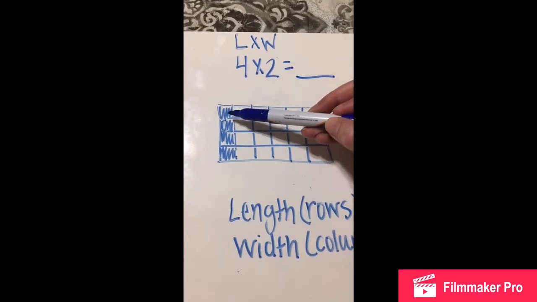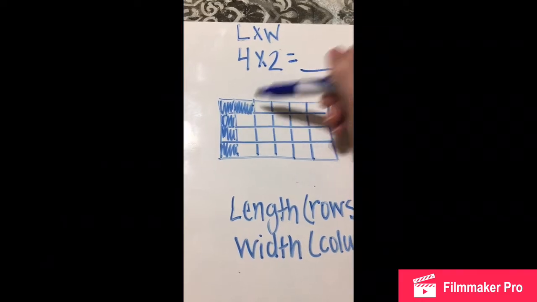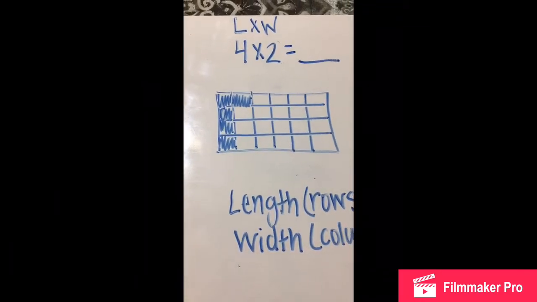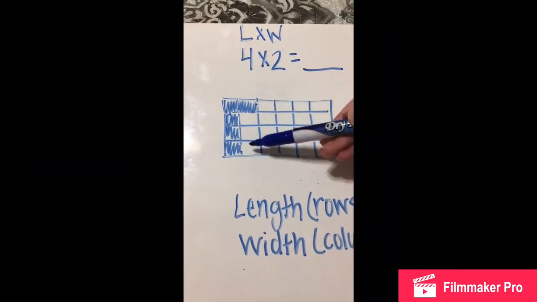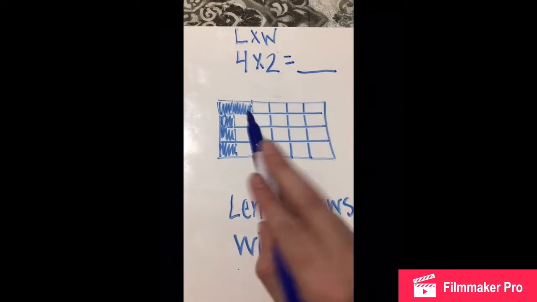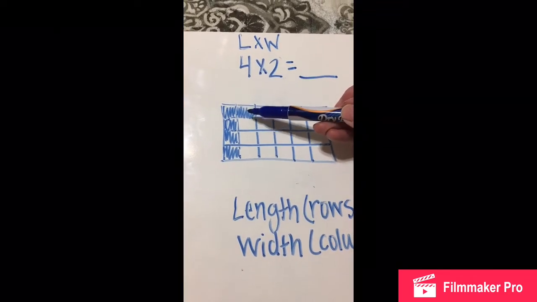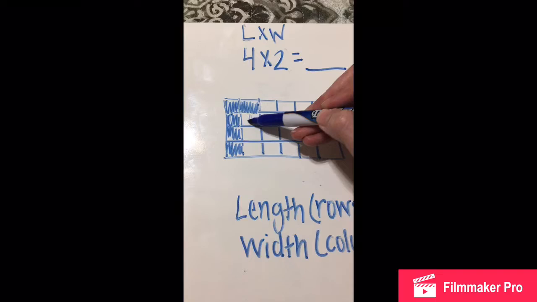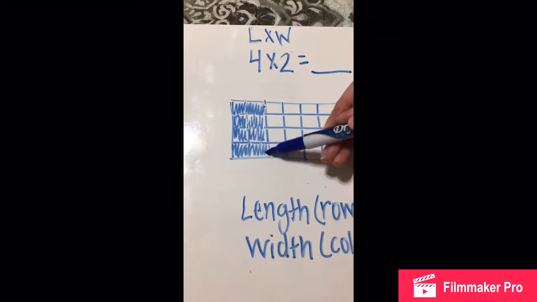Well, I already have 1 filled in, so I only need to fill in 1 more square unit. And to complete that array, I have to finish the rest of that rectangle that I started to create. I'm not going to go any more this way because I know that my width is only 2 square units. I just need to fill in the rest of my length.